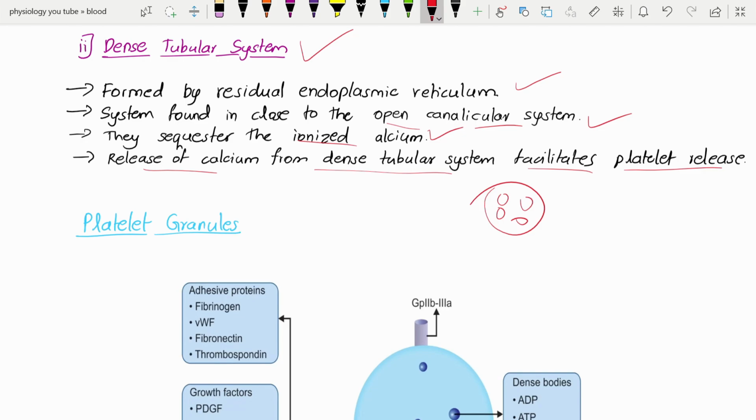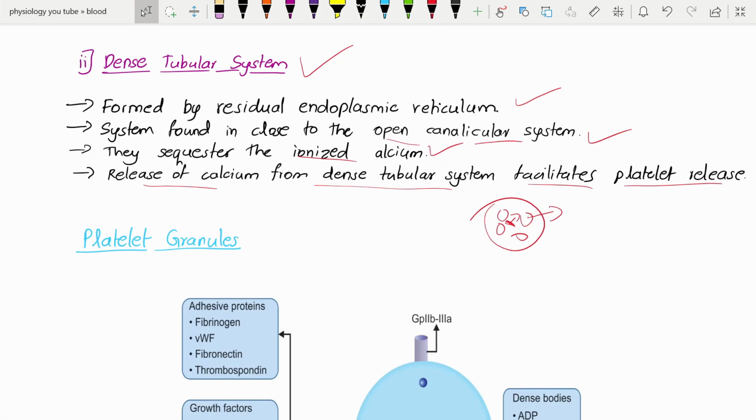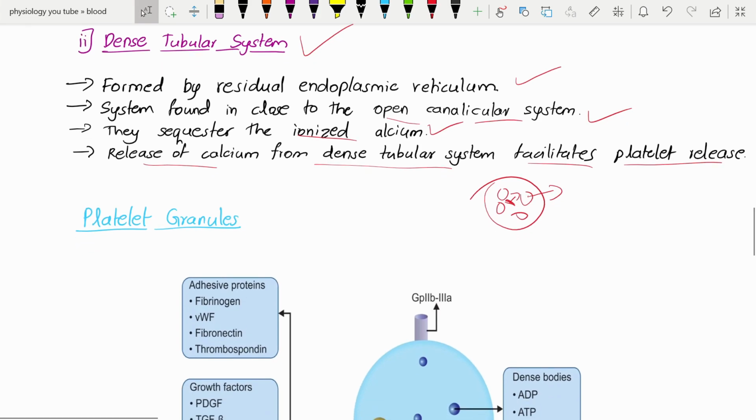So this dense tubular system has calcium. Release of calcium releases the granular content, which means it helps in the exocytosis of the vesicular contents. You can see the same phenomenon happening at the end of the neuron.